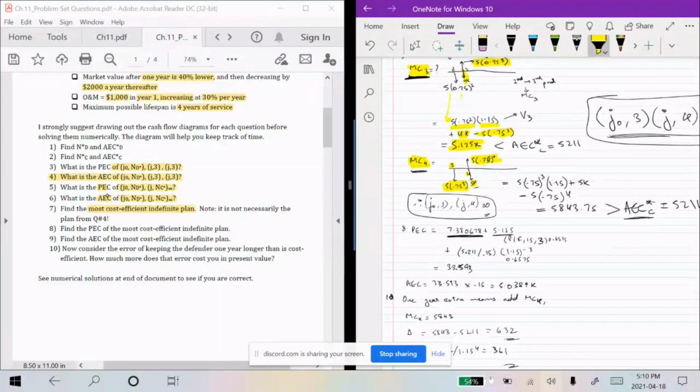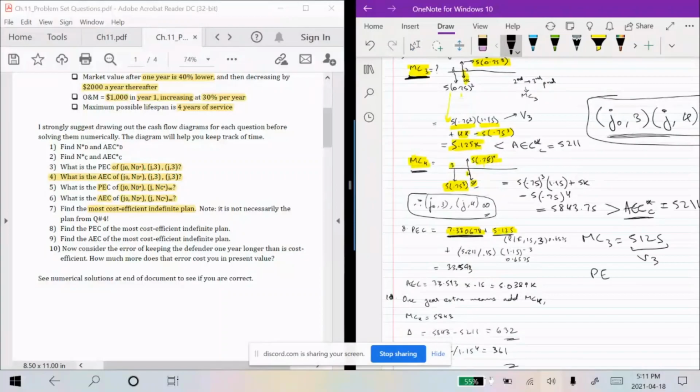So this was our plan. So to do that, we're just adding the present worth of the Defender after 2 years. And then we need the present worth of the Defender in the third year also. So the cost of keeping the defender for the third year is MC3 equals 5125, right? This, though, is in V3. We need to drag it back to V0.